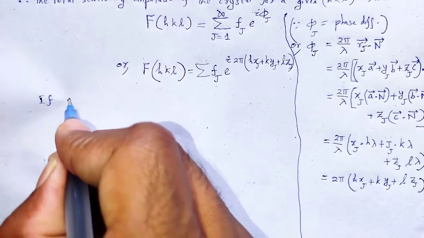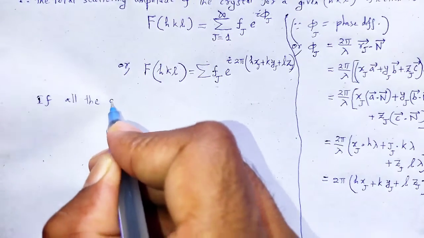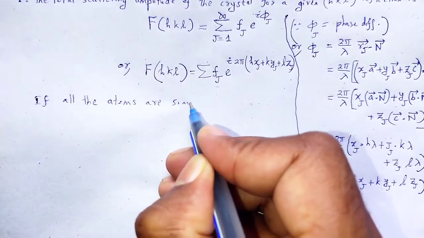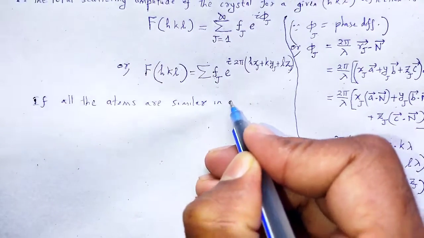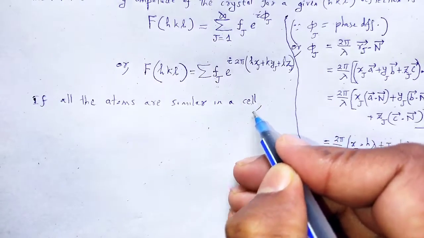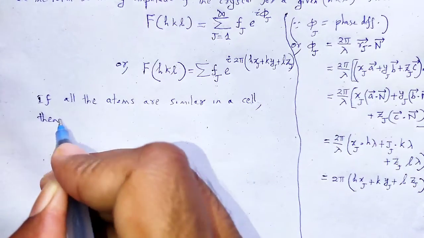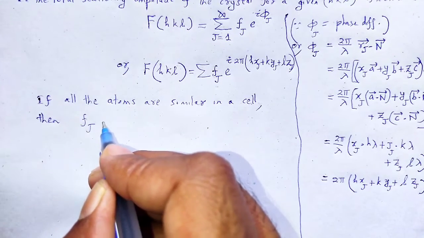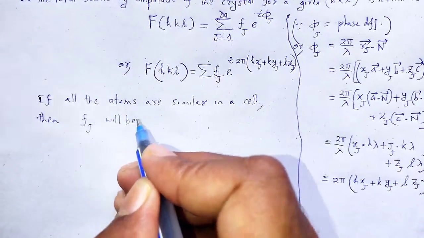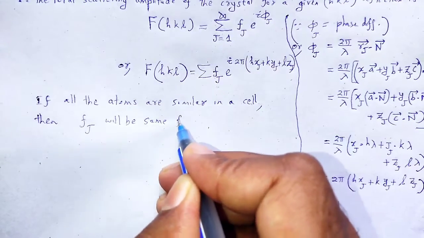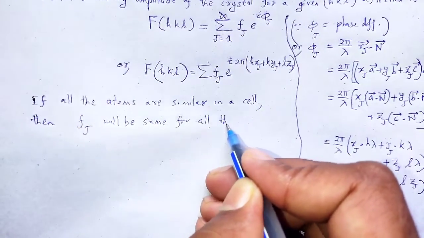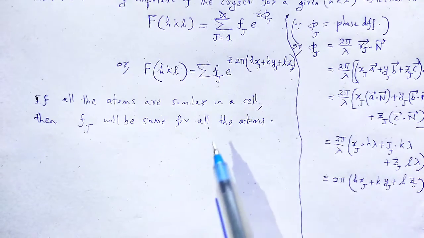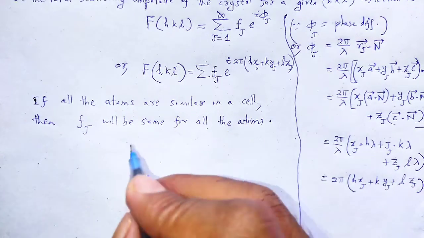If all the atoms in a cell are similar, then the atomic scattering factor is the same for all. So f of j will be the same for all the atoms. Instead of f of j, we can simply write f.